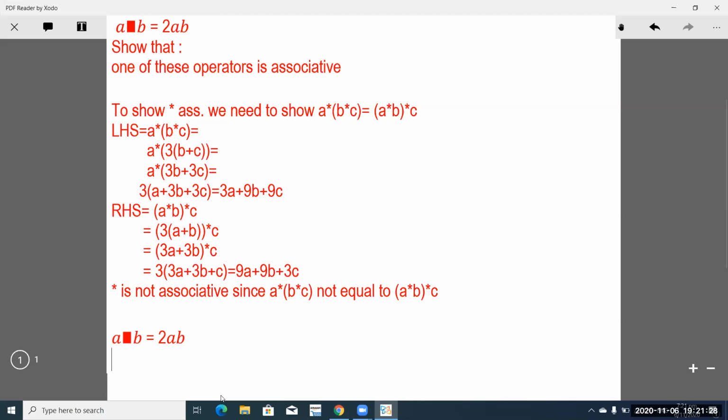To show if box is associative, we need to show that A box B box C, working out B box C first, gives us the same as putting the bracket around A box B, box C. That's what we need to show if this is associative, right?